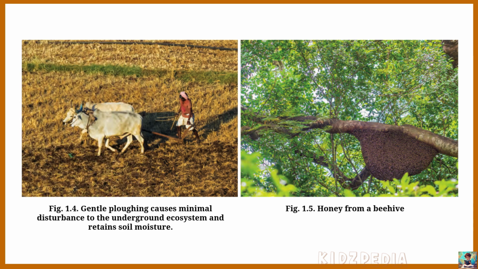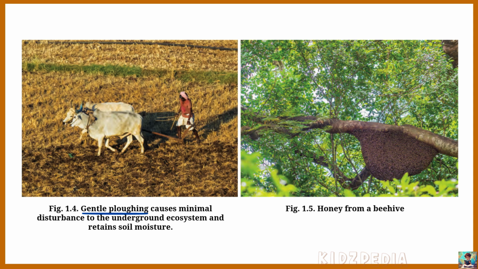Figure 1.4, gentle plowing causes minimal disturbance to the underground ecosystem and retains soil moisture. Gentle plowing is a farming method where the soil is turned lightly without disturbing it too much. So here farmers are plowing the land carefully. They avoid deep or rough plowing. This helps to protect the land and living organisms inside it.